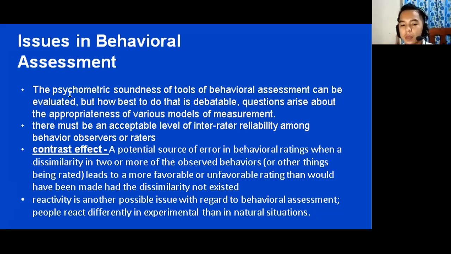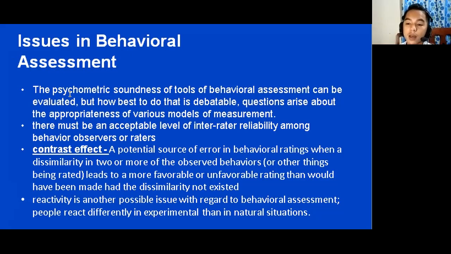or how best behavioral assessment can be performed, and there must be an acceptable level of inter-rater reliability among observers or raters.